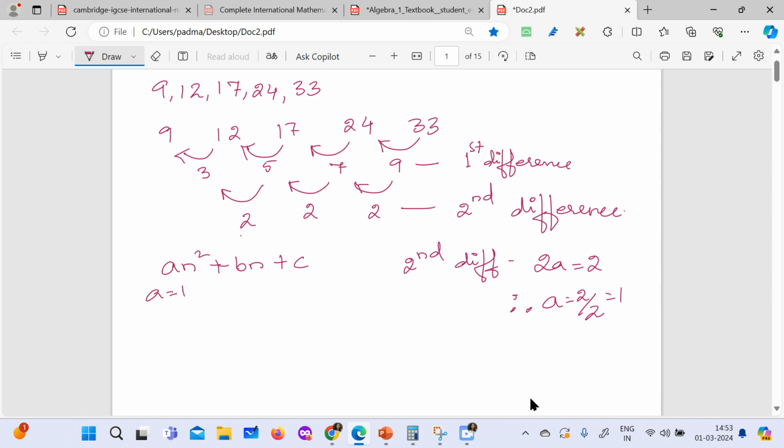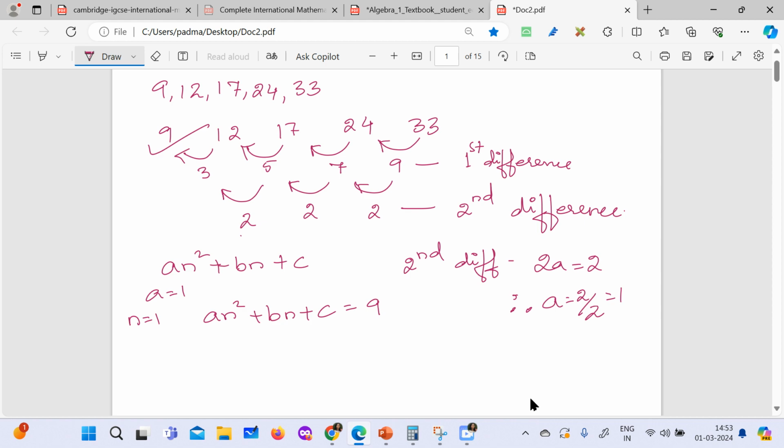So we will work for the first term. When n is equal to 1, an square plus bn plus c, the first term is 9. So I will write 9 because n is equal to 1.